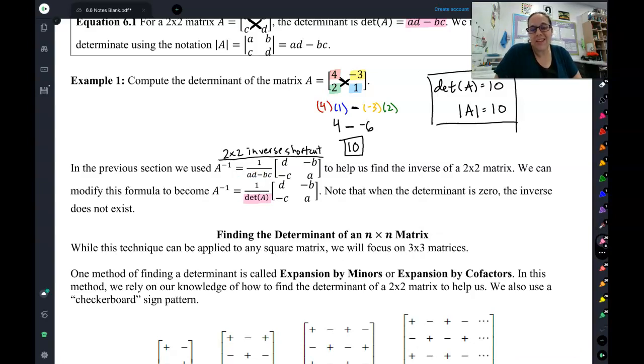So one reason a matrix doesn't have an inverse, like we saw in an example last lesson, is if the determinant is 0. Because if the determinant is 0, then we're dividing by 0. Can't do that. The inverse doesn't exist. So determinant has to be a real number in order for the inverse to exist.